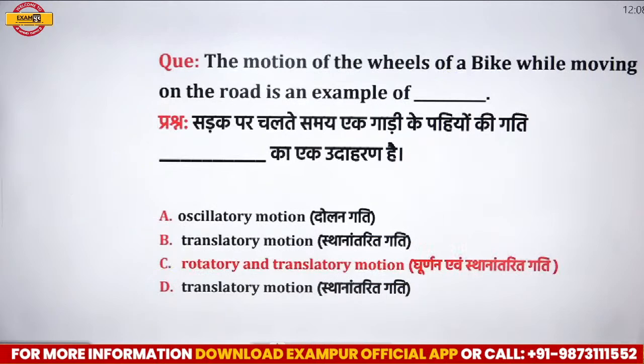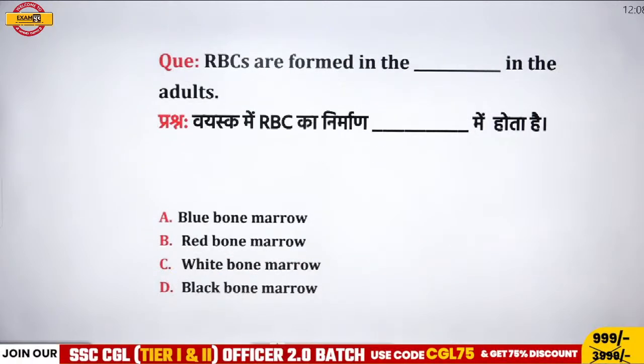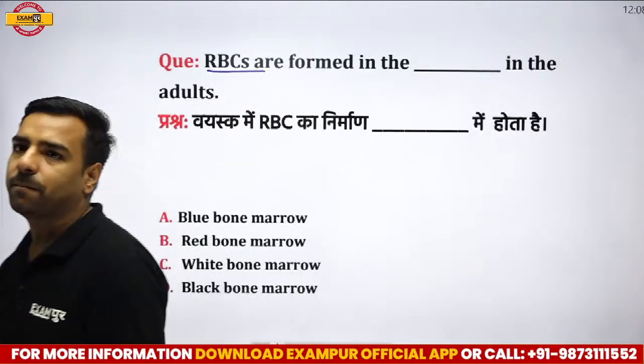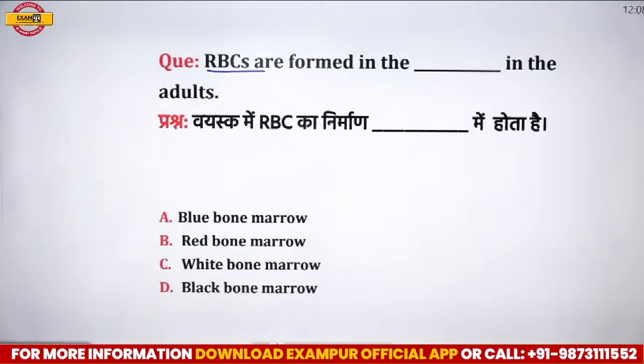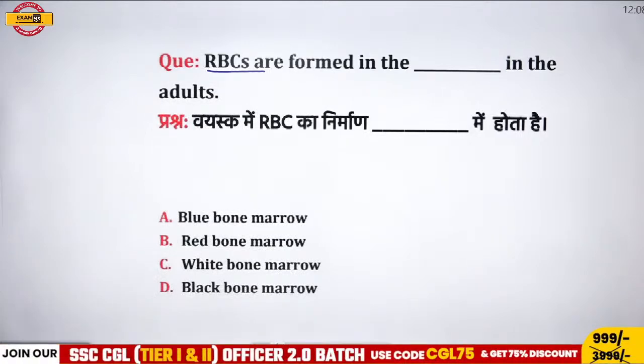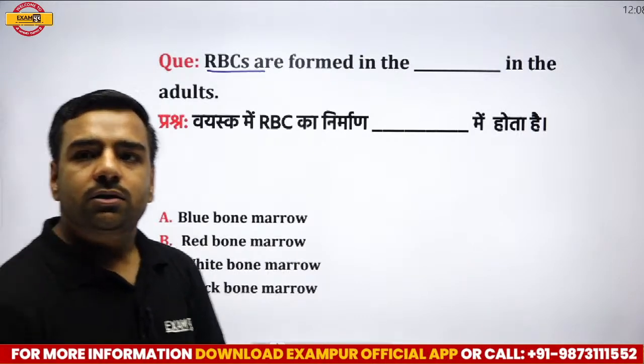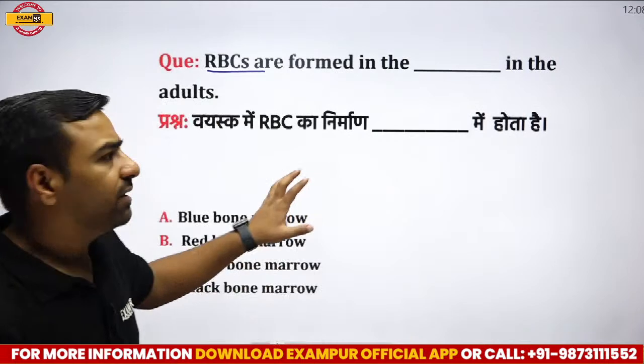Okay, next question. RBCs are formed in the dash in adults. Where does this RBC form? So answer please. Where are these RBCs forming? So Vikram, your answer was correct. But what about this question?